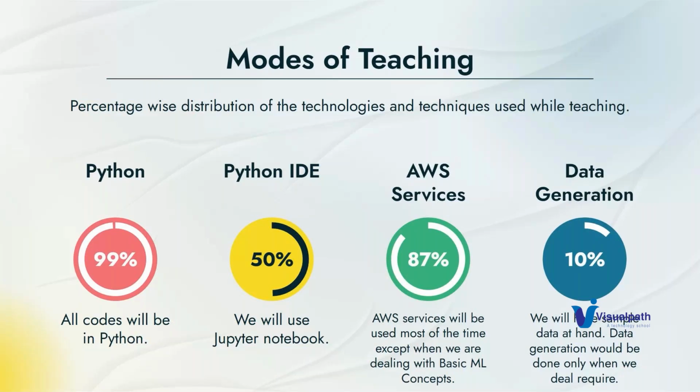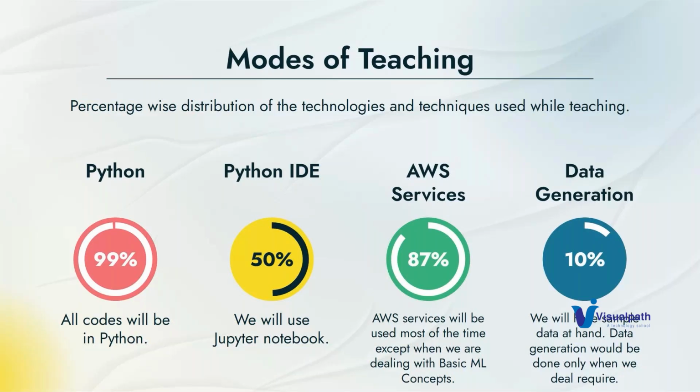What about data generation? Do we get data pre-prepared for us, or do we have to generate it on the fly? How does it work? For that, most of the coding that we are going to look at will have a specified set of data. We do not need to generate any data.